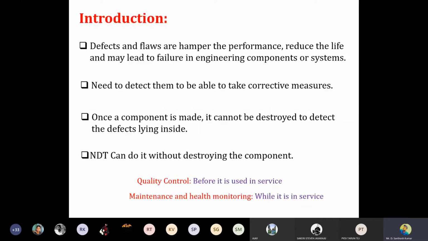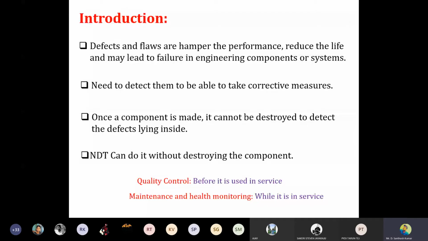So in these two cases, either it is quality control or it is maintenance and health monitoring. Here we are not destroying the component. In quality control, you have to check the entire component before it goes to the market. And the other one is to always check its maintenance as well as health monitoring while it is in service.